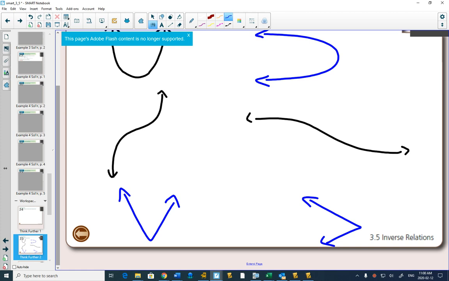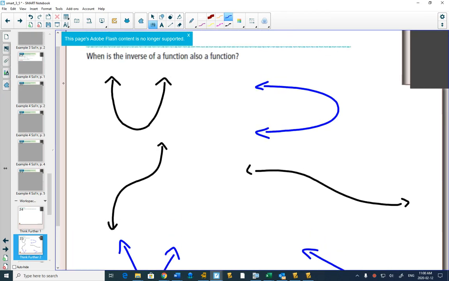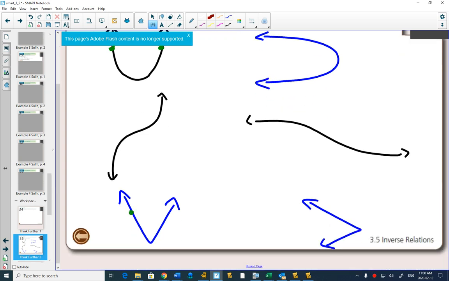Is there ever a point when a y value has two x values and it wouldn't be a function? In other words, what he's saying is this y value is here and it's here. This one has a y value here and here.